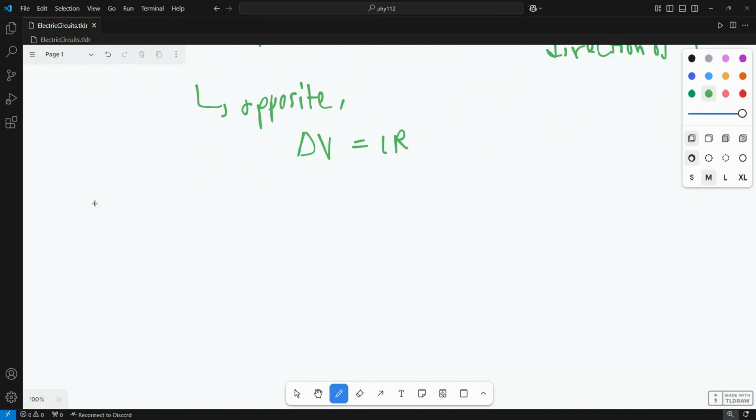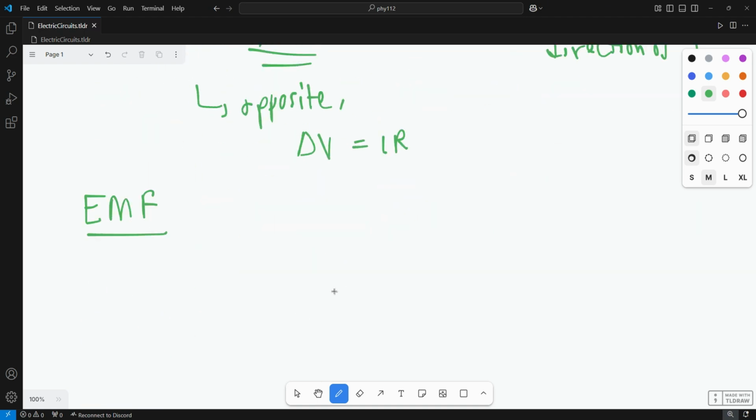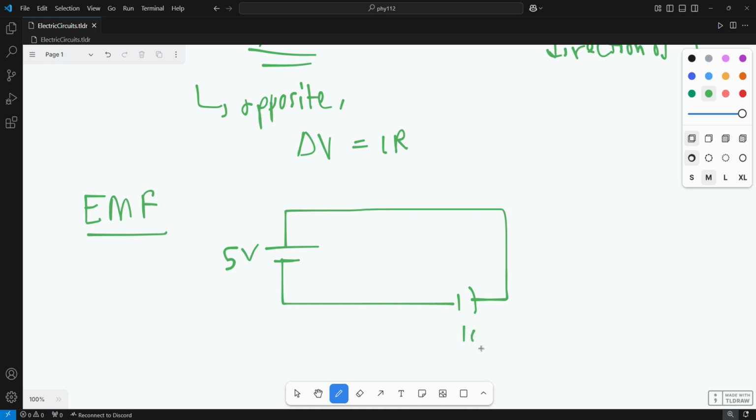Oh, there is another rule, which is the EMF rule. This is almost similar to this rule of delta V. Let's say this is a battery. Let's say that here there is another battery. Let's imagine it like this. So this is 5 volt, this is 10 volt.